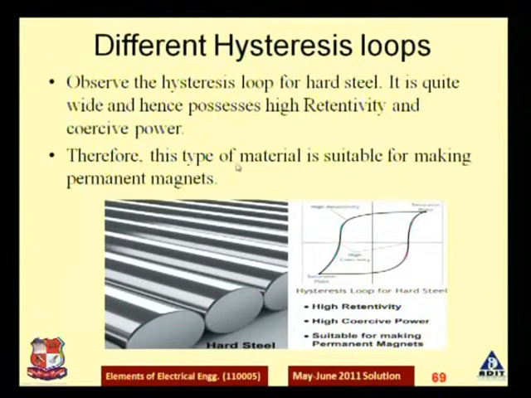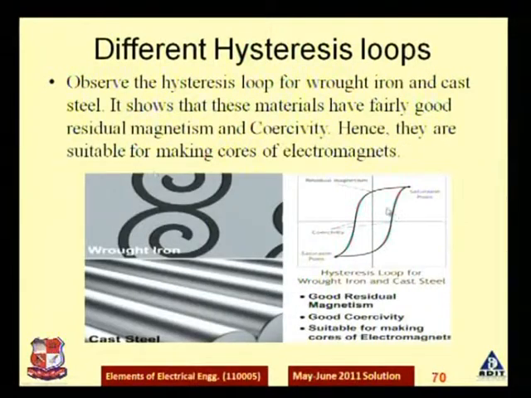For example, observe the hysteresis loop for the hard steel material. It is quite wide, hence it possesses high retentivity and coercive power. Therefore this type of material is suitable for making permanent magnets. While observing the hysteresis loop for wrought iron and cast steel, you can see that this material has fairly good residual magnetism.